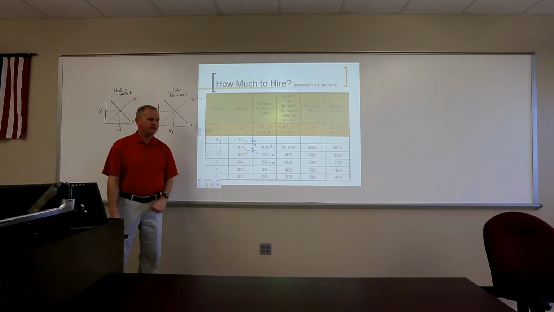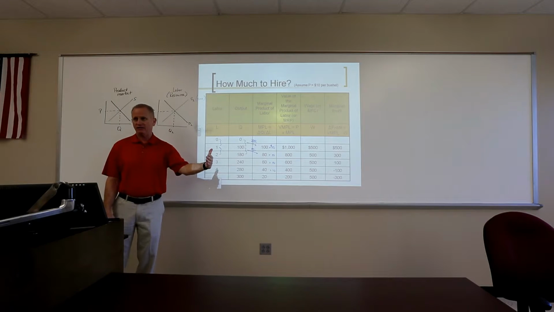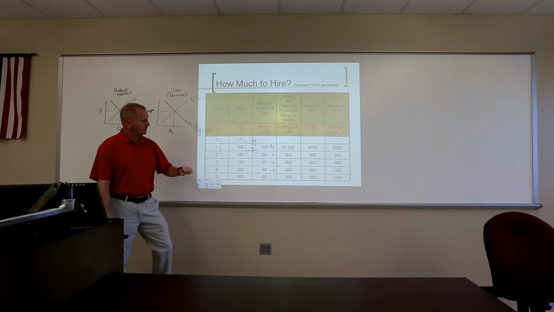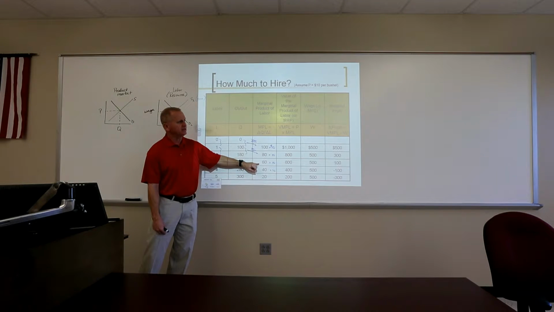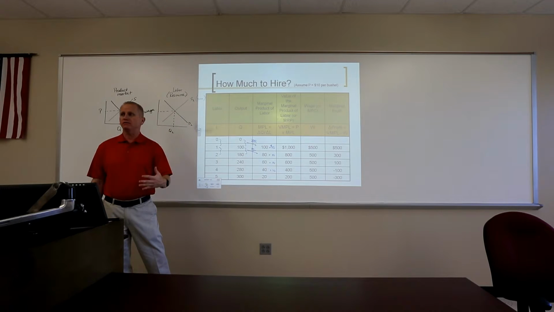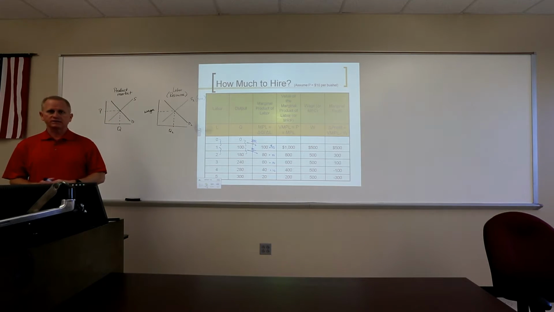The second person contributed an additional 80, marginal amount, times 10, contributed $800 more of value to the production. The third person contributed an additional 60, which times 10 would give you $600 of value. That's why I like to use the word value. I think it makes a little bit more sense.